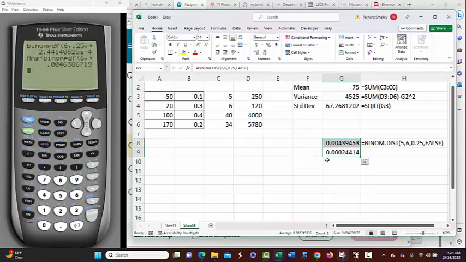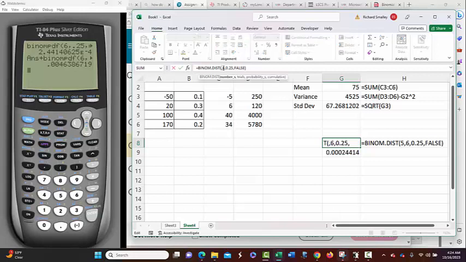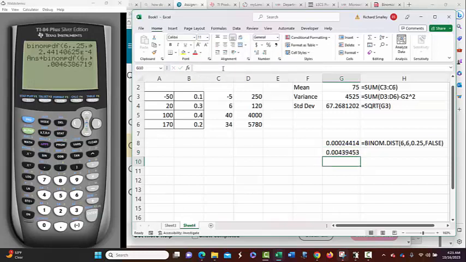I meant to change... Well, I'm still adding those two together, but I still want to keep it in the same order I had it. And then I'll make this one 5. So it's these two added together.